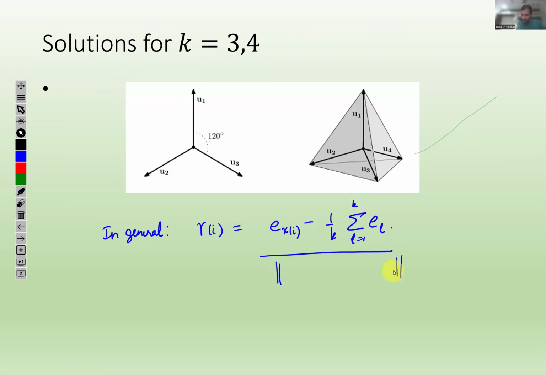We're just going to normalize it. This is in general for a k colorable graph. If you take this solution, it actually has the value claimed. You can work out the inner products. This is going to be a feasible vector coloring.